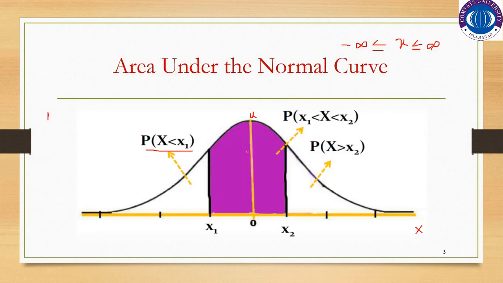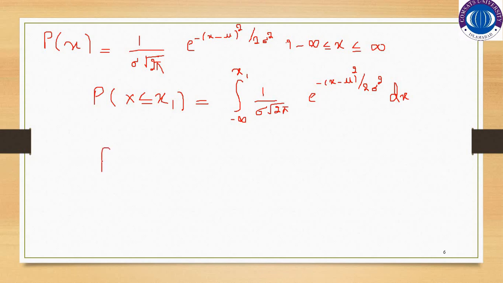And if you want to find the probability x greater than x2, you can write it as greater than or equal to; both will be the same in the case of a continuous probability distribution, but this will not be the condition in the case of discrete, where less than and less than or equal to are two different things.